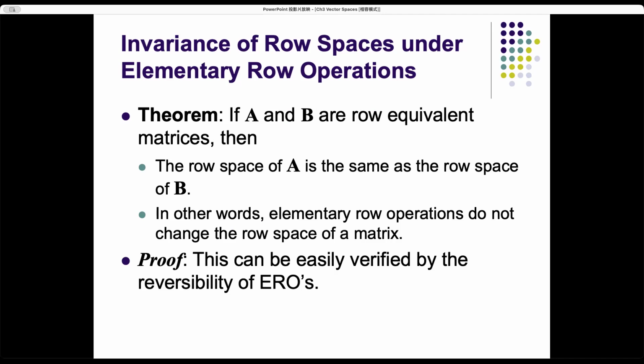So what are the elementary row operations? Do you guys still remember? The first one is swapping two rows. The second is multiplying one row by a non-zero scalar. The third is multiplying a row by a scalar and adding it to another row.